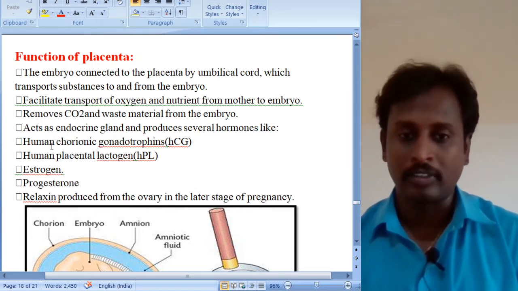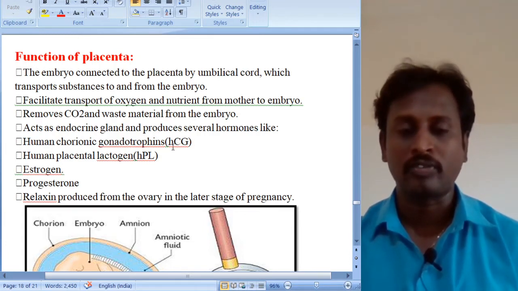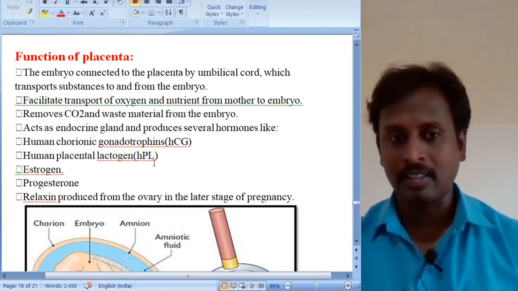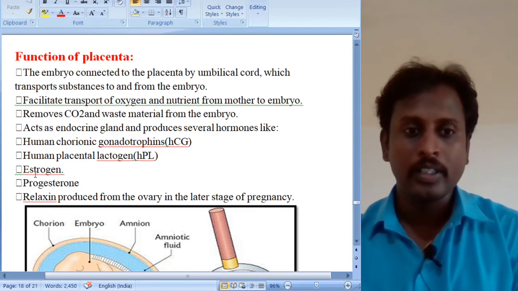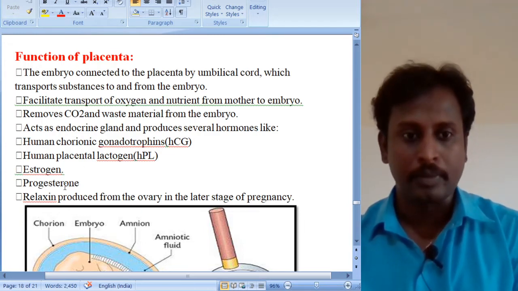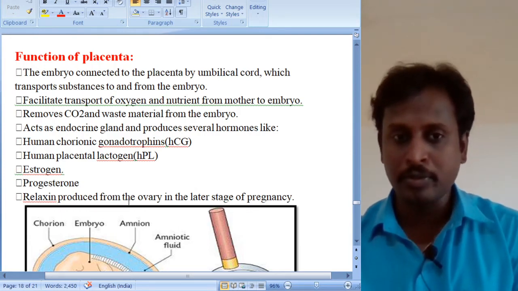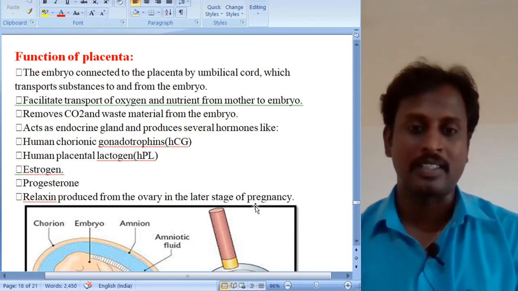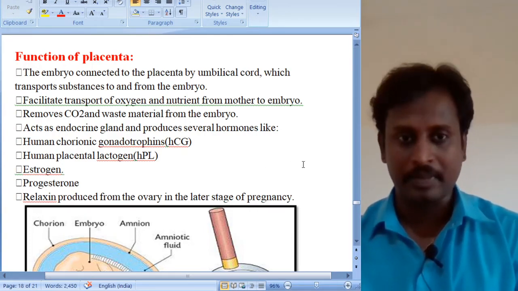Look here: human chorionic gonadotropin, HCG in short form, and human placental lactogen, HPL. Estrogen, progesterone, and even relaxin are produced from the ovary in the later stage of pregnancy.